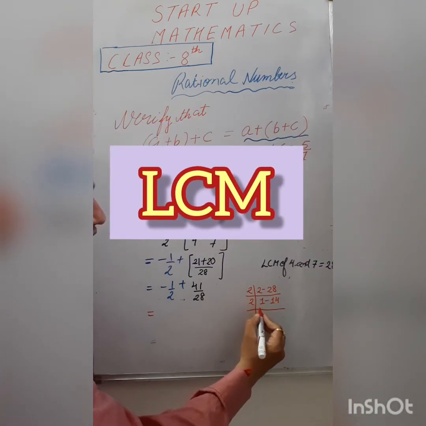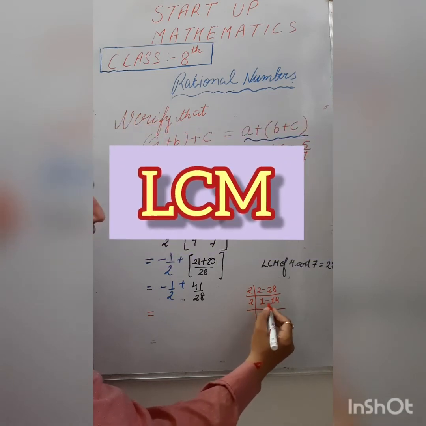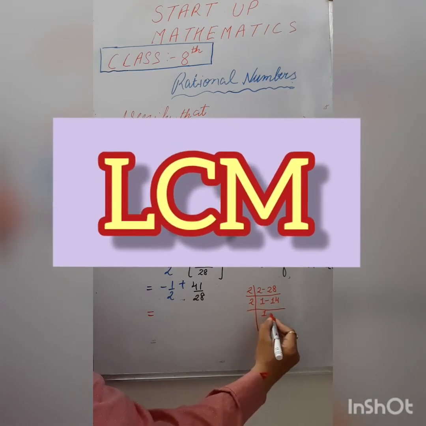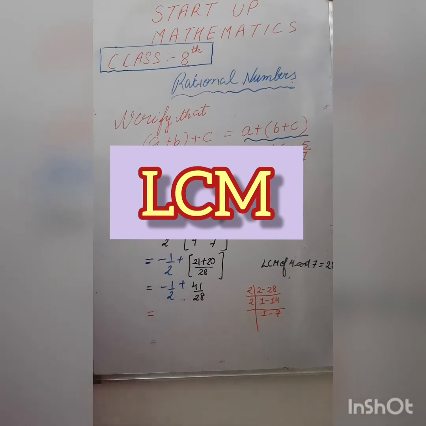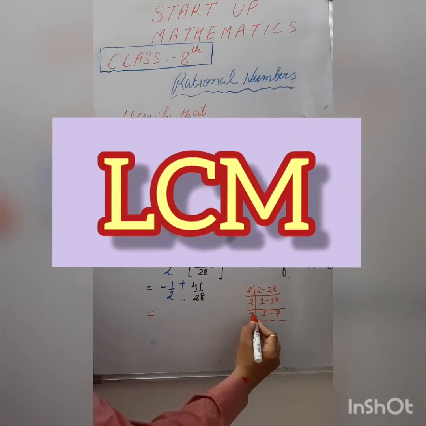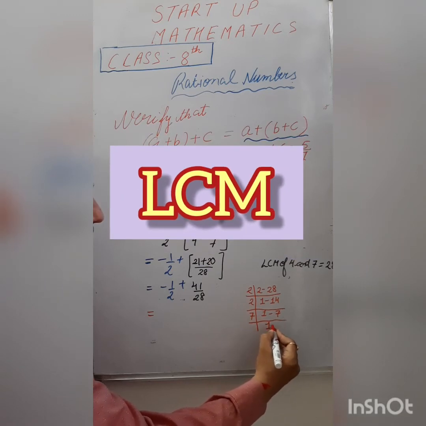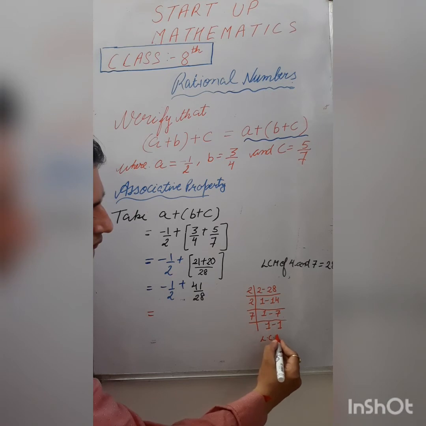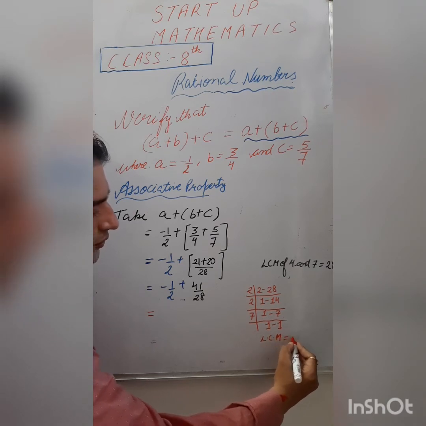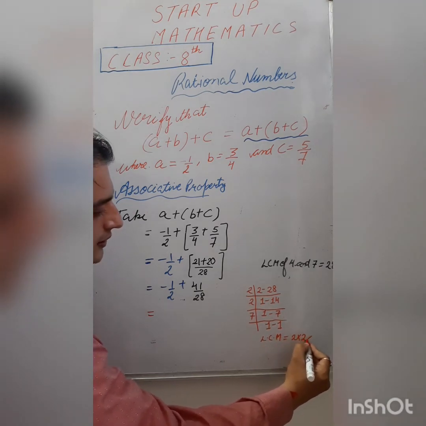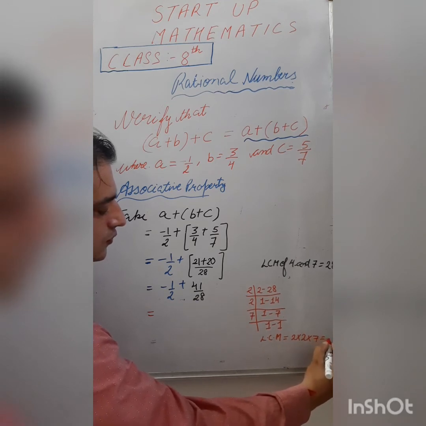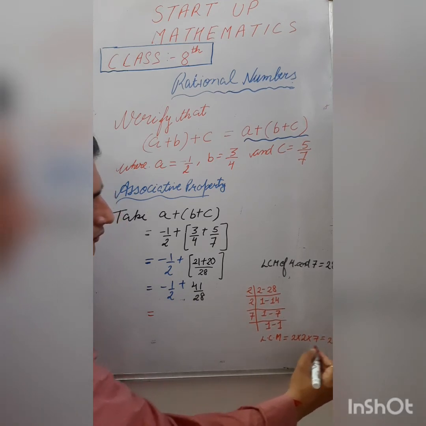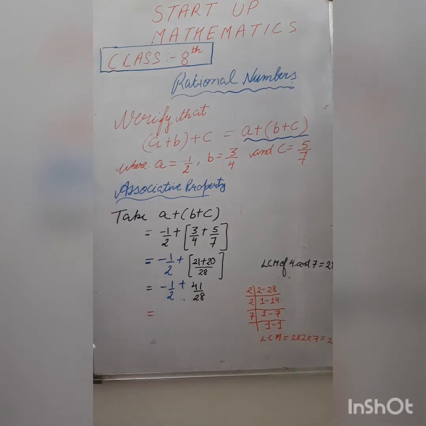Again 2, because 14 is divisible by 2, so 1 as it is. 2 7s are 14. Now the prime divisor 7: 7 ones are 7. So what is the LCM? Again 2 multiply 2 multiply 7 is equal to 28. 2 2s are 4, 4 7s are 28. Right? Solve it.